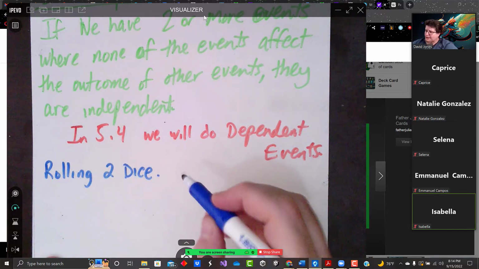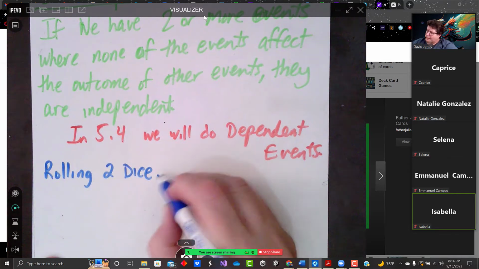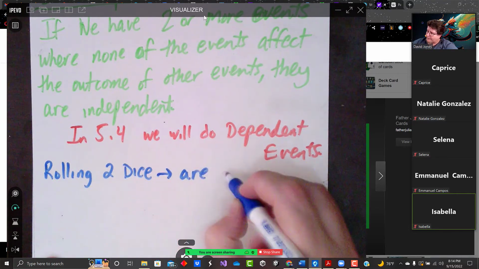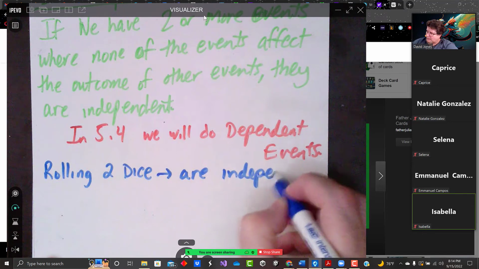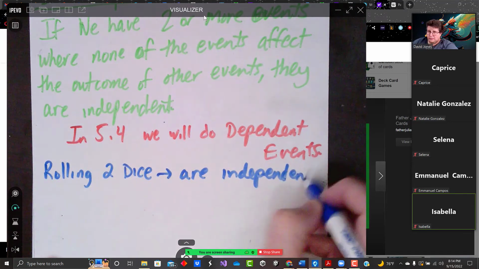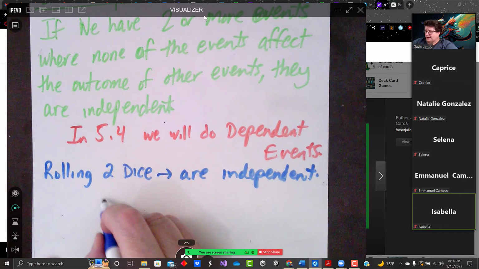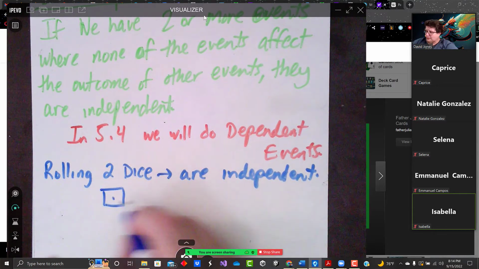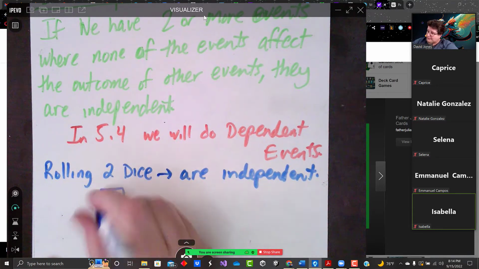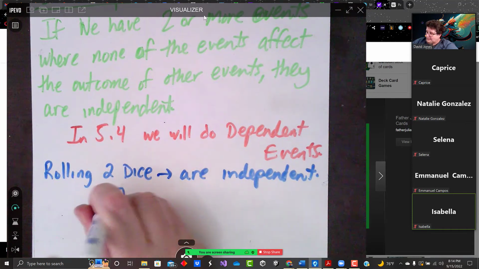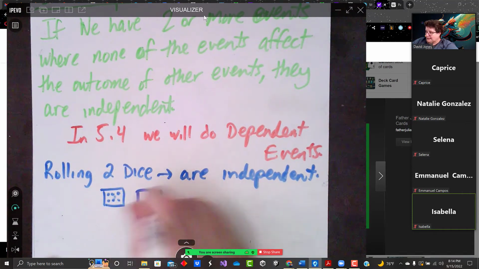So rolling 2 dice are independent. Even if I get a 1, maybe I should do 6s. A 6 and a 6.